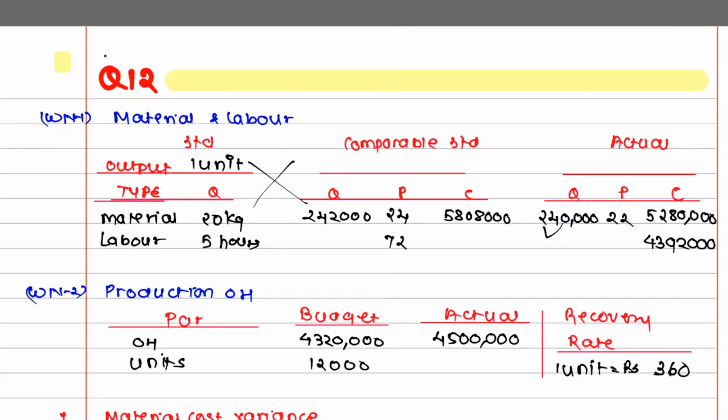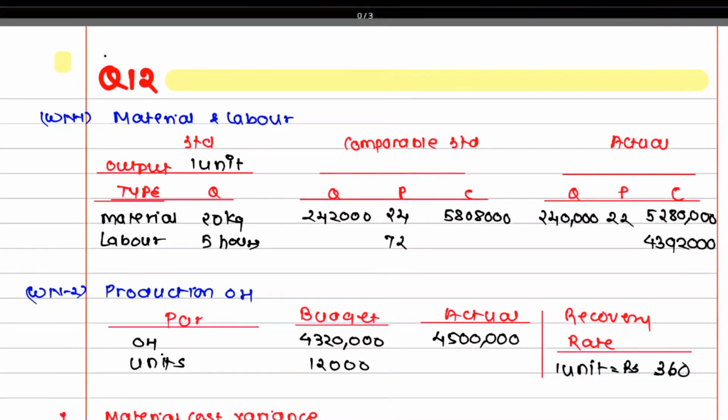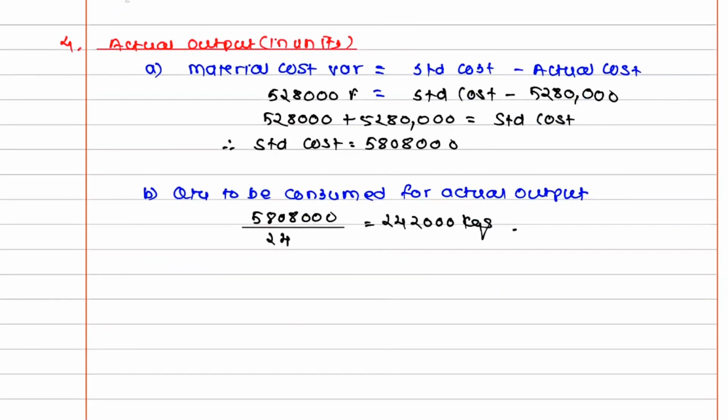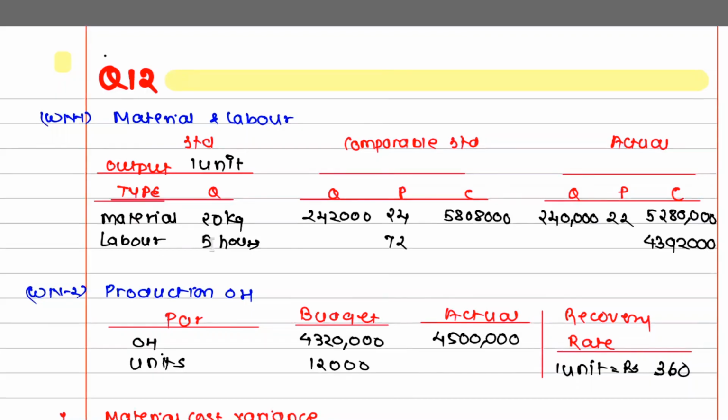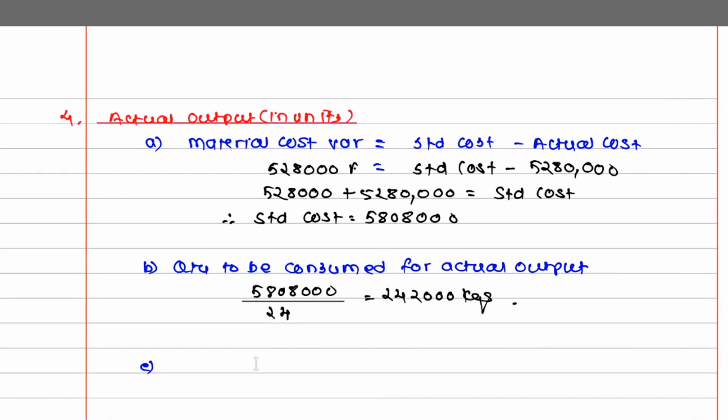कोई confusion है क्या इसमें? Clear है ये? अच्छा, I can write this now. The third part, B. 20 kgs can be used for 1 unit of finished goods.